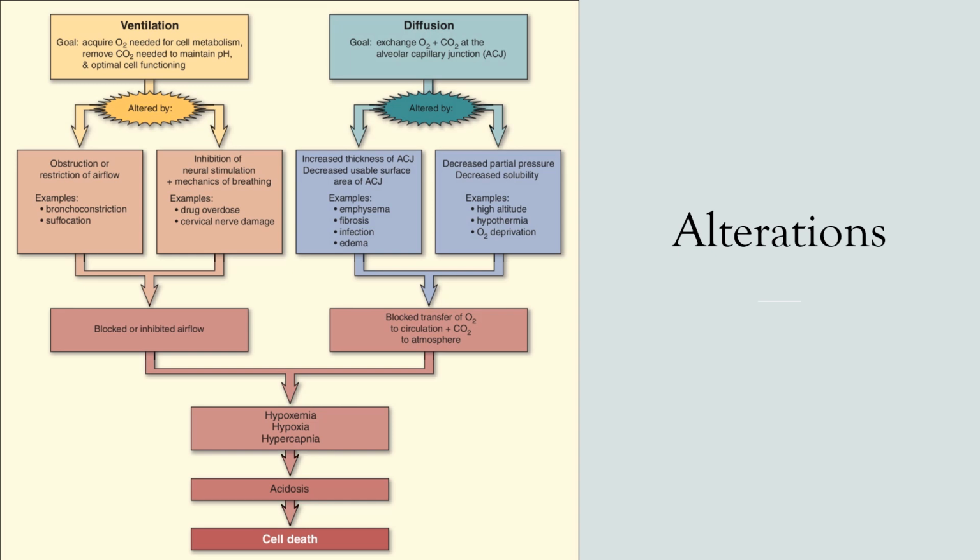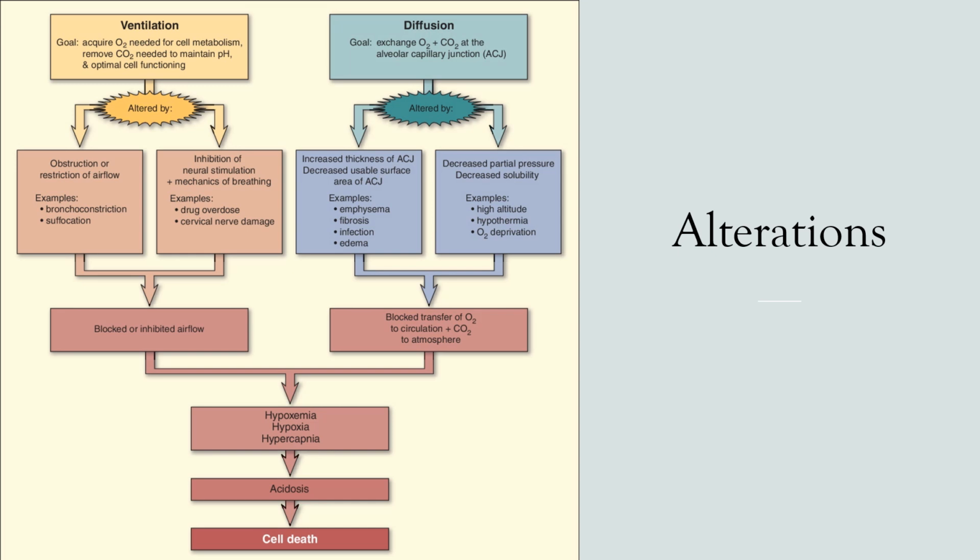So you can see on the left-hand side, alterations in ventilation. The goal with ventilation is exchange or intake of oxygen and exhalation of CO2. And so the ways that that can be blocked or altered, you can have obstruction or blockages of airflow. Examples of that, bronchoconstriction, that's with your asthmatics, or suffocation, or you could add choking.